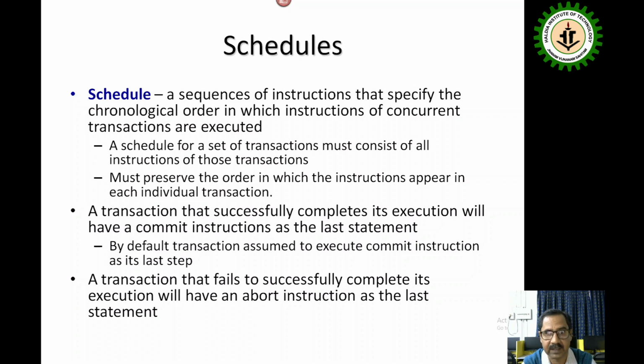That means when a transaction executes successfully and all the modifications are reflected on the database properly, then to save them we need a commit statement at the end of the transaction. By default, the transaction is assumed to execute a commit instruction as its last step.